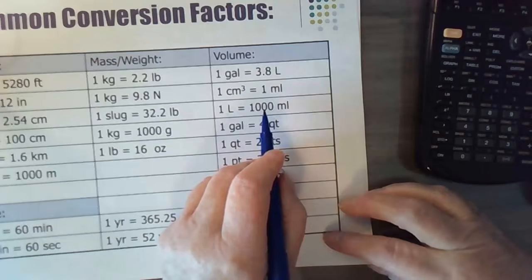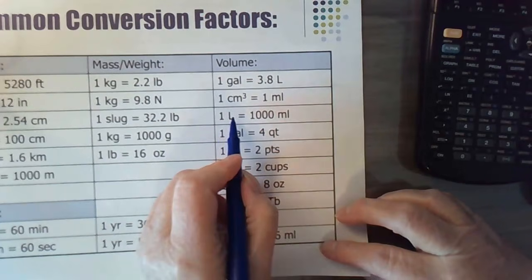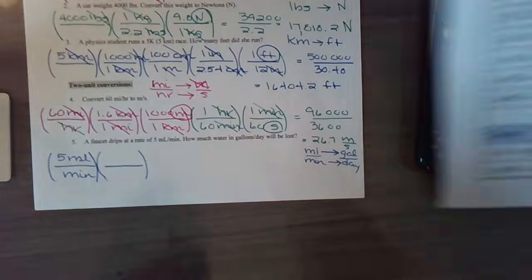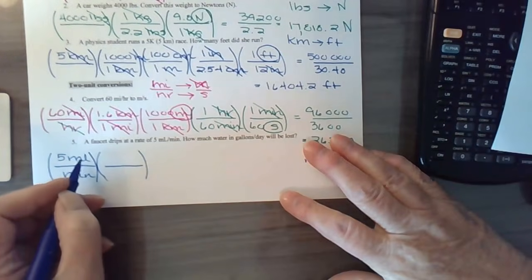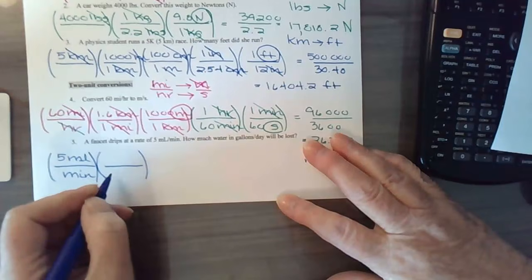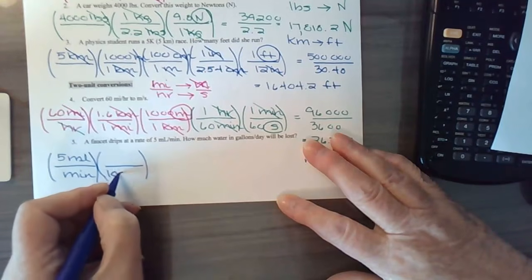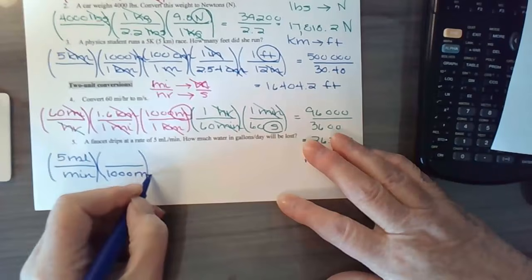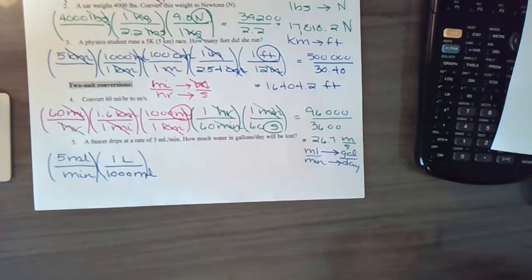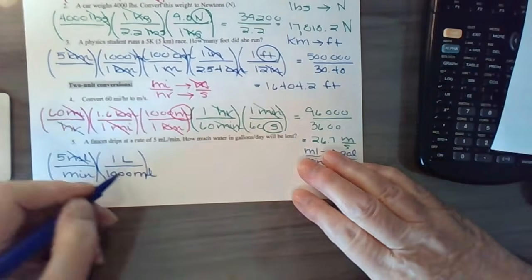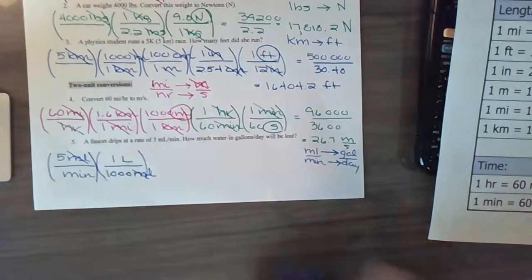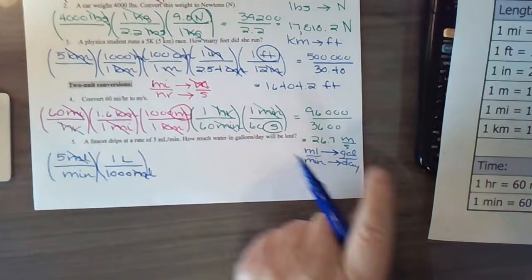How about, let's start with this one. 1 liter is 1,000 milliliters. Milliliters is on top, so I know milliliters has to be on the bottom. So I'm going to put the 1,000 here. 1 liter is 1,000 milliliters. Cancel, cancel.